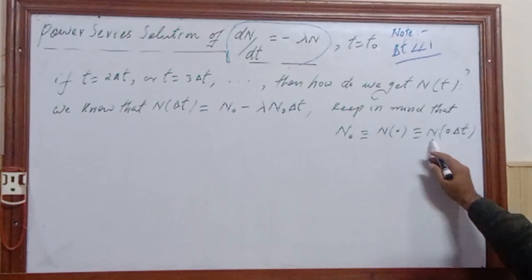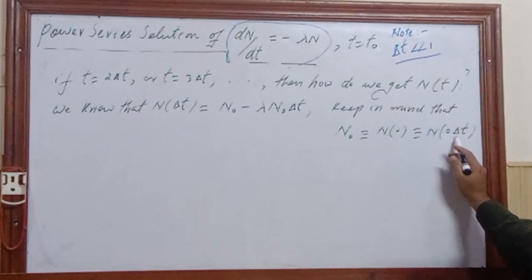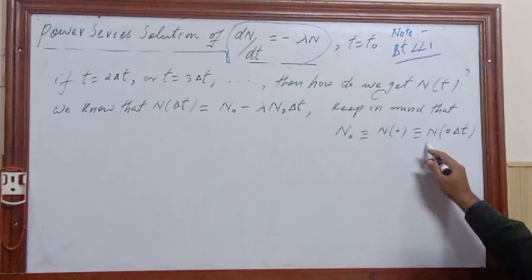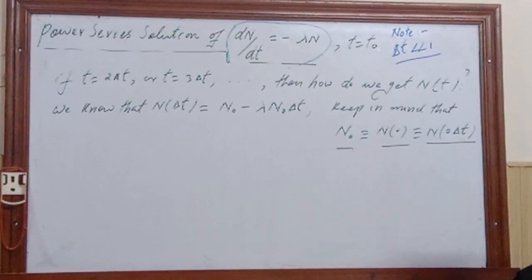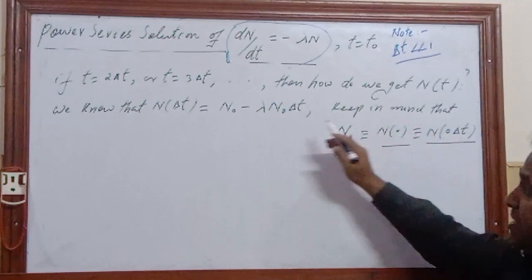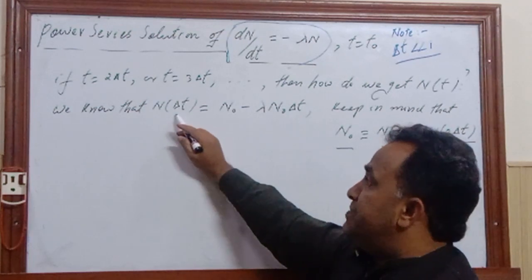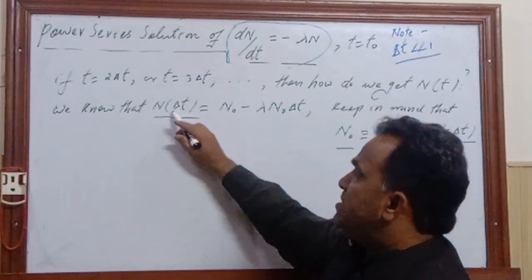So if we know the number of nuclei at the start, after 0 intervals have passed, we can find out the number of nuclei after one time interval.